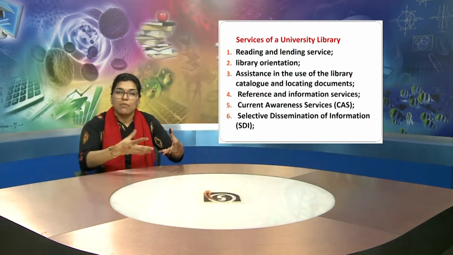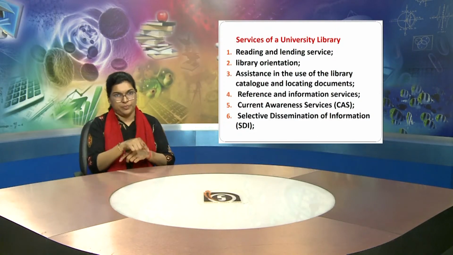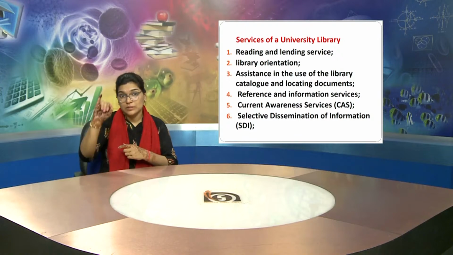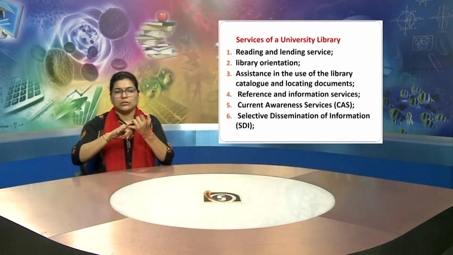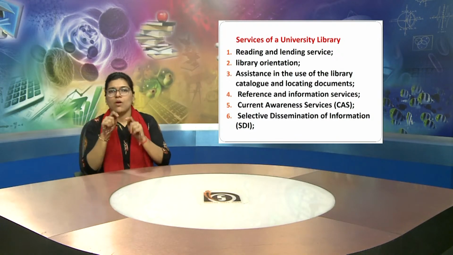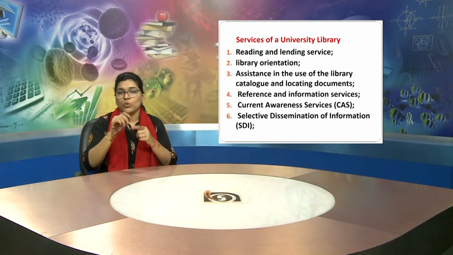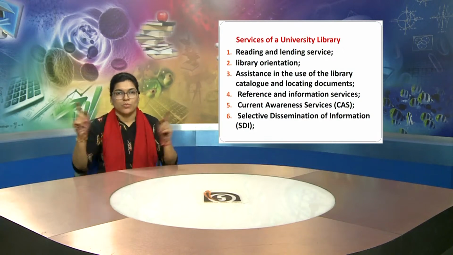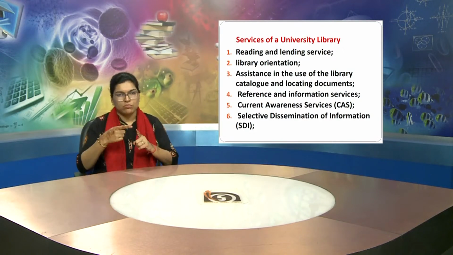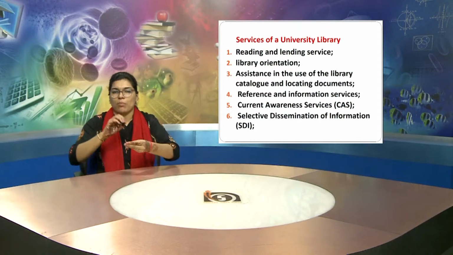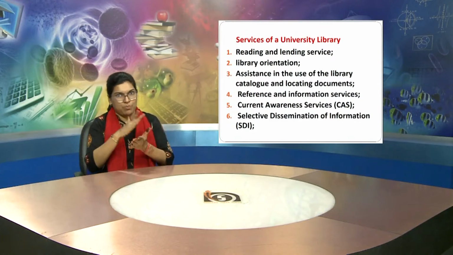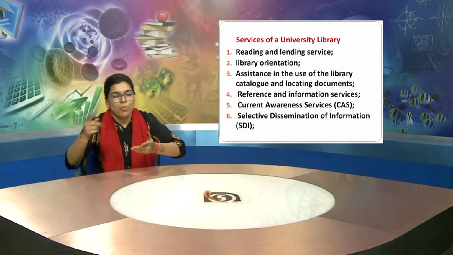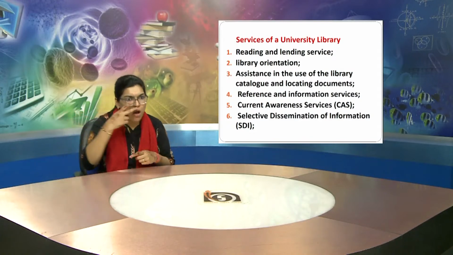Just like we watch TV for upcoming news, similarly the CAS service is provided by the university library. Another service is selective dissemination of information, in short SDI. It provides selective information to the user.